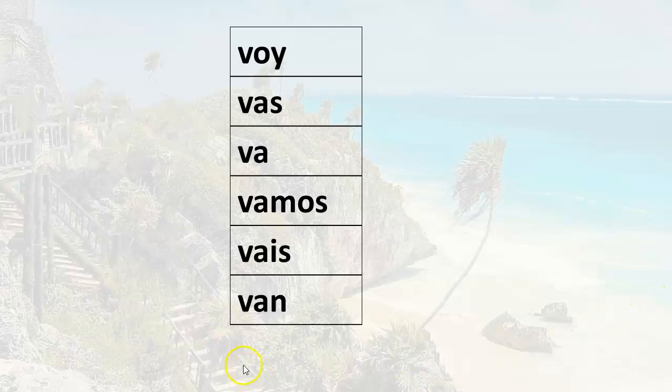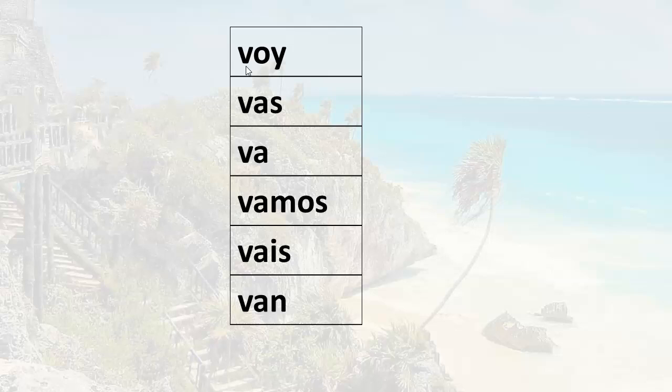Something very interesting and important to note is the pronunciation of the letter V actually has two sounds in Spanish. Many Spanish speakers may not be consciously aware of this, but they pronounce it in two ways. If it's the initial sound, or if there's a pause and it's the sound after a pause, it's pronounced a lot like the English B. So for example, if you want to say I go, you might hear some Spanish speakers say boy, boy, boy.